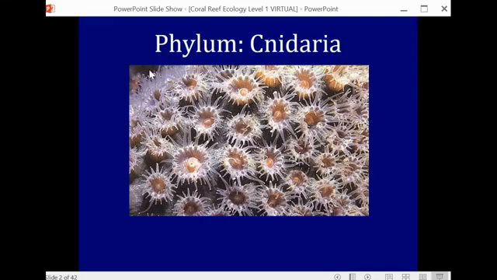So if we know corals are in phylum Cnidaria, we know some characteristics about our corals, because all of the animals within one phylum have shared characteristics. One of the primary shared characteristics of cnidarians is that they have stinging cells. So corals can sting. Some have a harsher sting than others, but they do have those stinging cells.